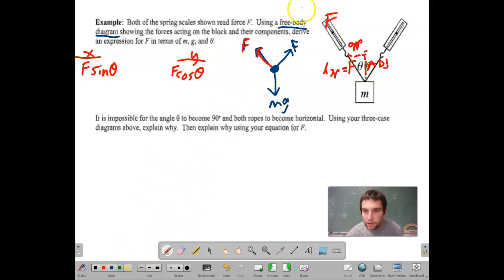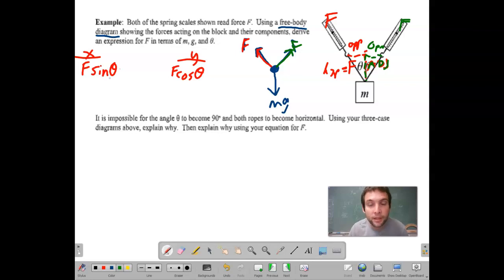Let's move on to this second vector, this green F. Lucky for us, it's the same triangle, so again the vertical is adjacent and the horizontal is opposite. So we're going to do the stuff that makes it go minus the stuff that holds it back. That's always the next step after you draw your free body diagram. Step 1, identify it's a force problem. Step 2, draw a free body diagram. Step 3, Newton's second law: stuff that makes it go minus stuff that holds it back equals mass times acceleration.